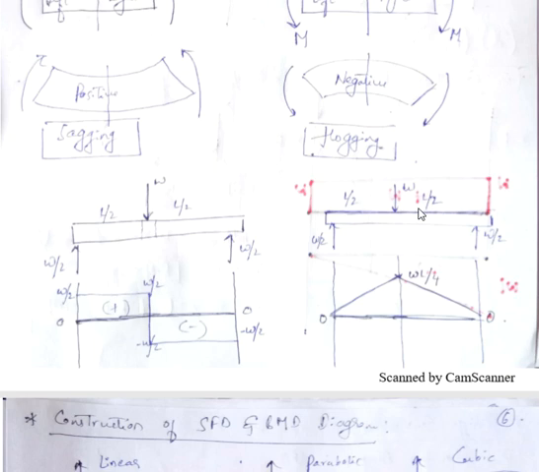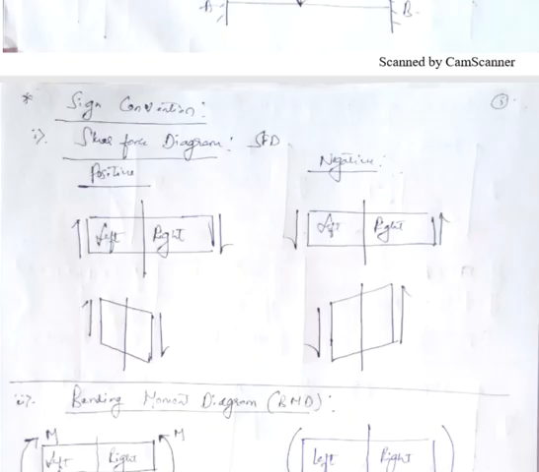So the sign conventions which we need to follow for shear force diagram or for bending moment diagram are shown here. First for shear force diagram, if this is a beam and if I want to find the shear force at this cross section, if I am coming from right side, and if the force is in downward direction, take it as positive.